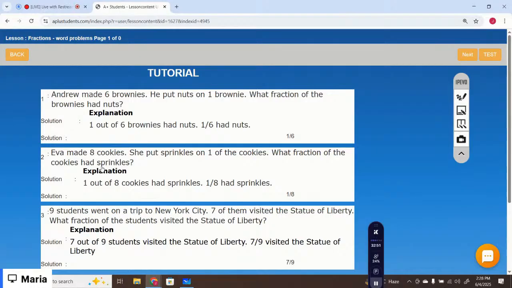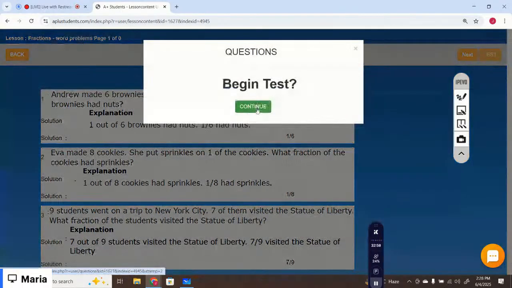That is one out of six, because the total brownies are six, and one of them has nuts. Let's just start with the test questions.